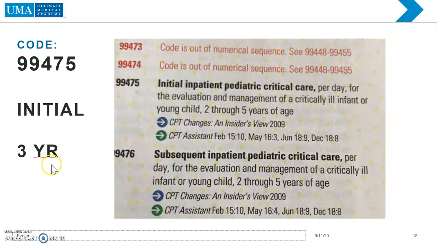And remember, our kid was 3 years old. So we know that our keywords are matching here because it's not a neonate. Neonate is less than 28. We have a pediatric care unit code, which is for the 3-year-old, and this is the right code. So make sure you're pausing this video and finding these details in your book and writing down the keywords right next to the code.